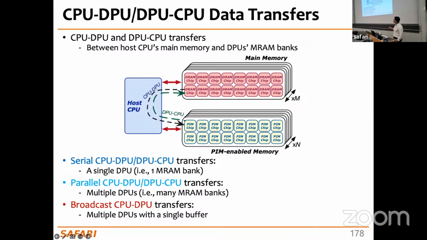So it moves the data from the main memory to one of those DPUs in one of those PIM chips. The second one is a parallel transfer. Here you can move big portions of data from the main memory to a set of DPUs in parallel. And finally, there is a broadcast, and this is only for CPU to DPUs, not DPUs to CPU.